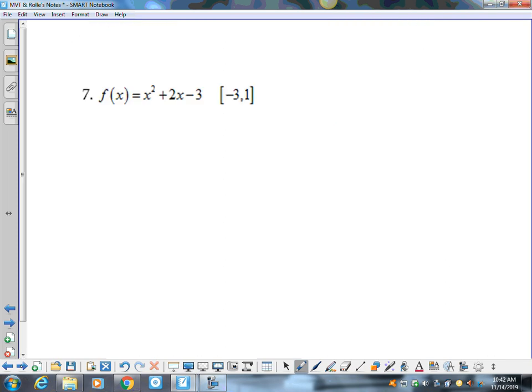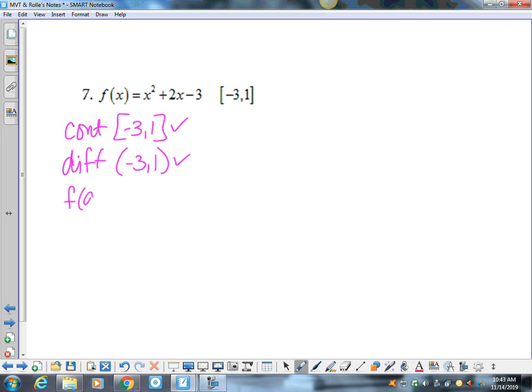Okay, number 7. I mean, this is just a very well-behaved quadratic function, does nothing exciting. So we are continuous on the closed and differentiable on the open.